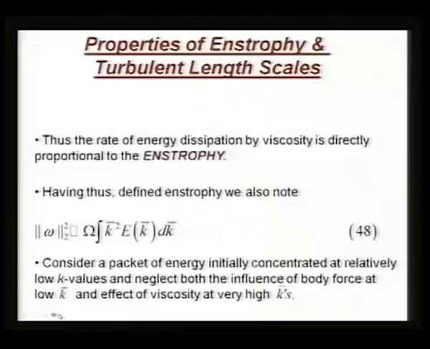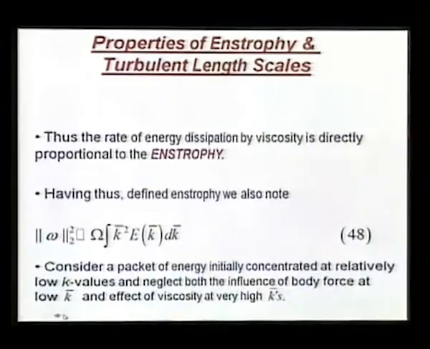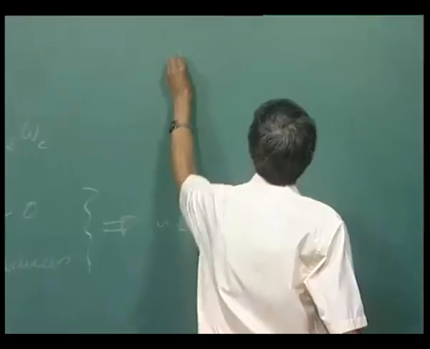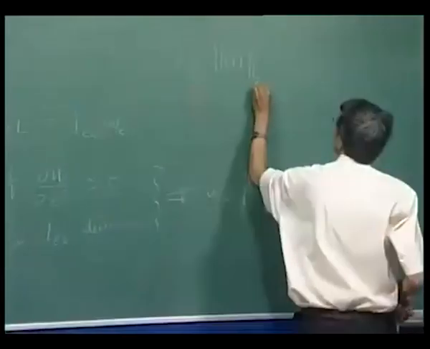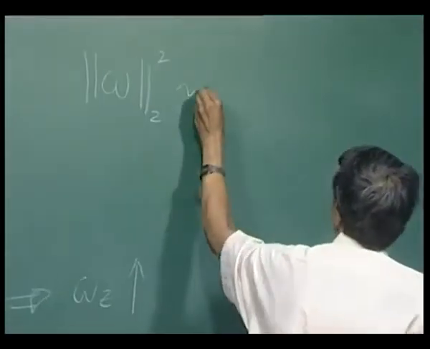Now, we could also see that entropy squared is nothing but grad u squared. So, what is grad u?